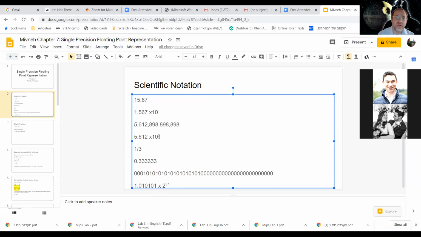This is 9 zeros, so I can represent it like that. And here I can be inaccurate because I'm not interested in exactly how many kilometers. I want to know more or less how much it is. So it's what we call the order of magnitude, 10 to the 12th.